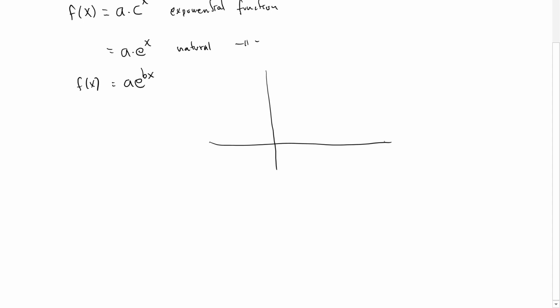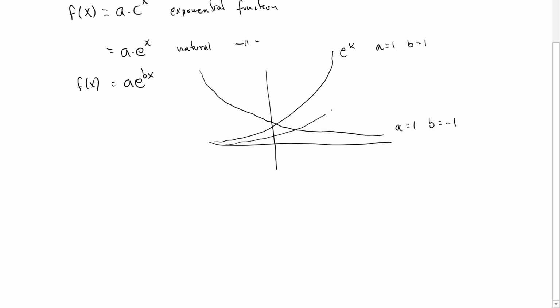For example, for a equal to 1 and b equal to 1, it is the natural exponential function, e to the x. I might have said a equal to 0, but I meant a equal to 1. If you do a equal to 1 and b equal to minus 1, it looks like this.